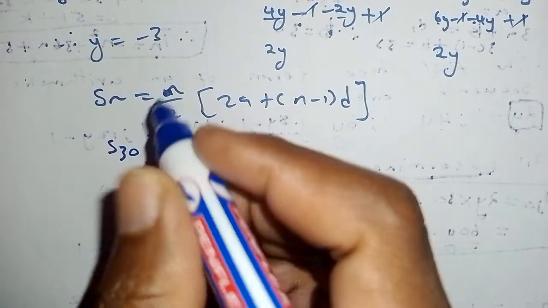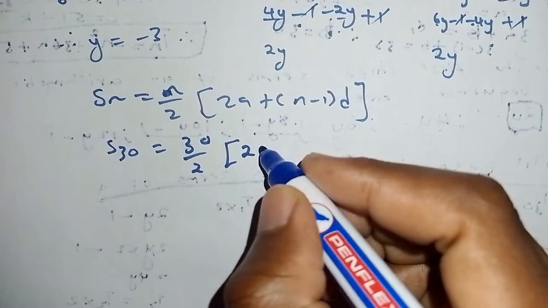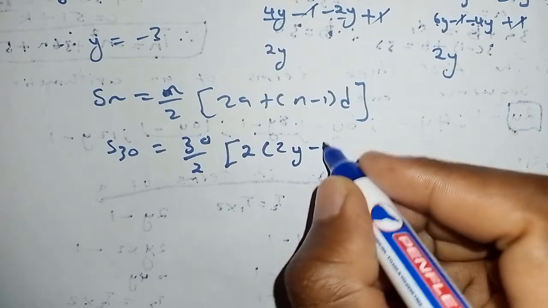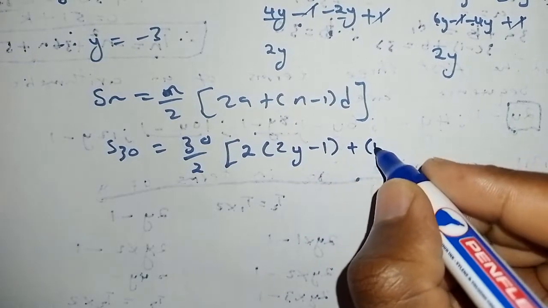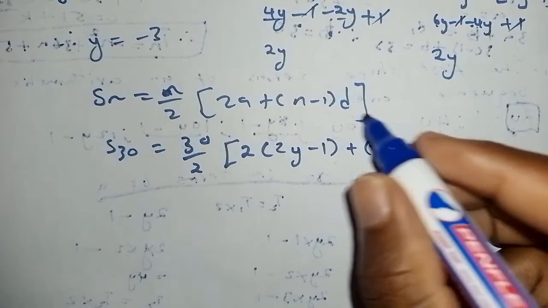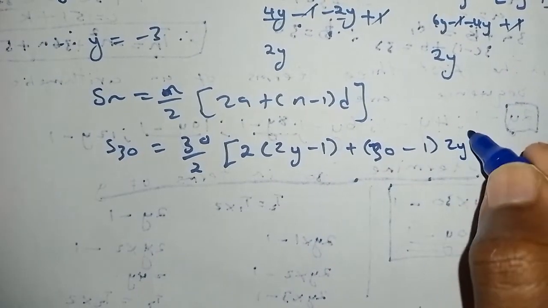S30 is equal to 30 divided by 2 into 2 into the value of a, which is 2y minus 1, plus, n is 30, actually let me write 30 minus 1 close bracket. What is d? d is 2y.